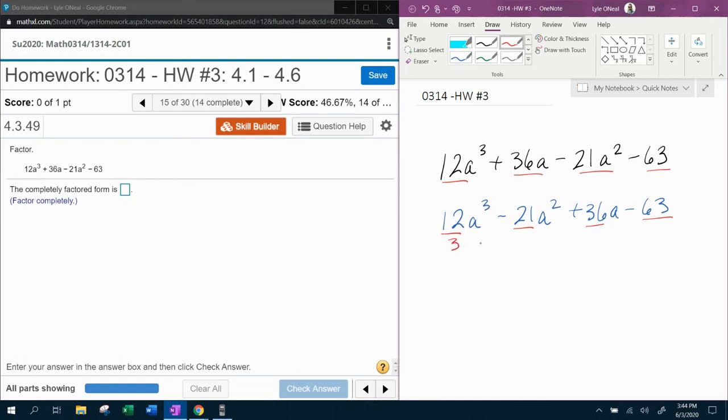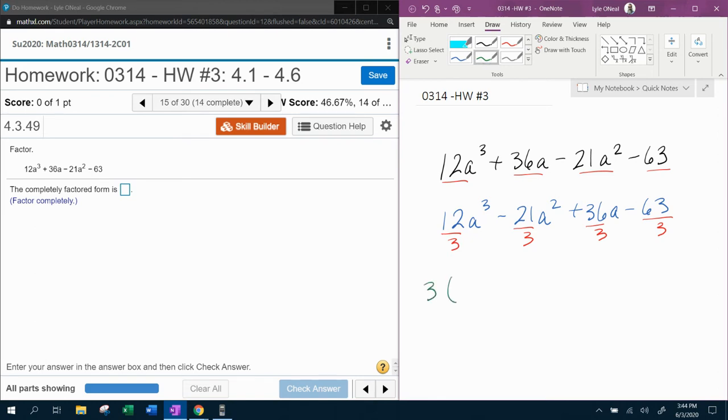So let's check that. All right. And just so you know, the 63 doesn't have an A. So I'm not going to be able to factor an A out of all 4 terms. They all 4 have to have it or I can't factor it out. So we're going to check for a common factor of 3 first.